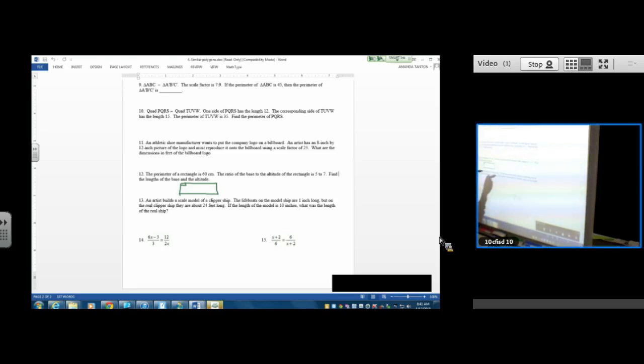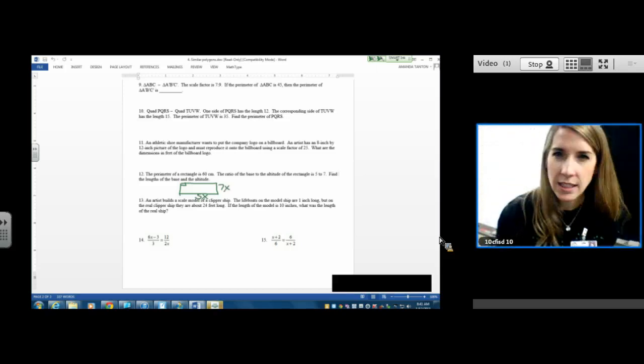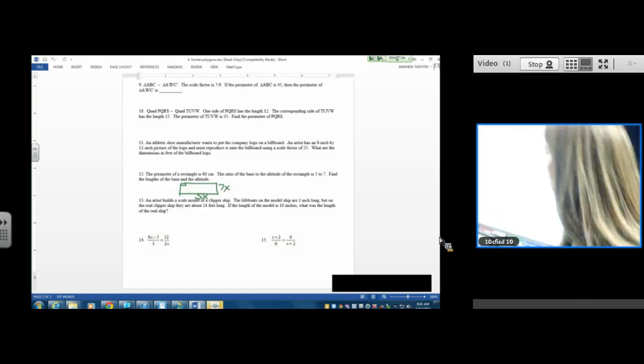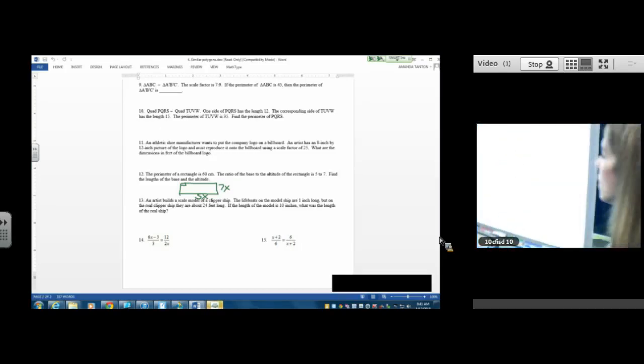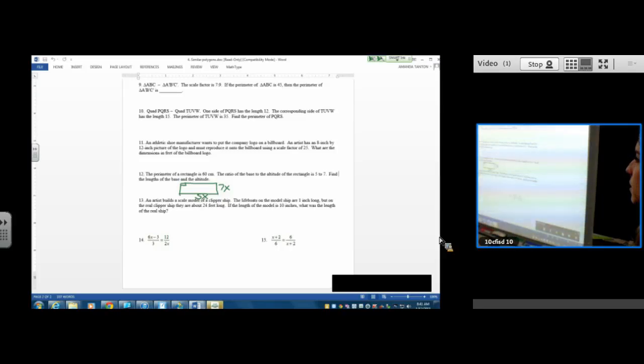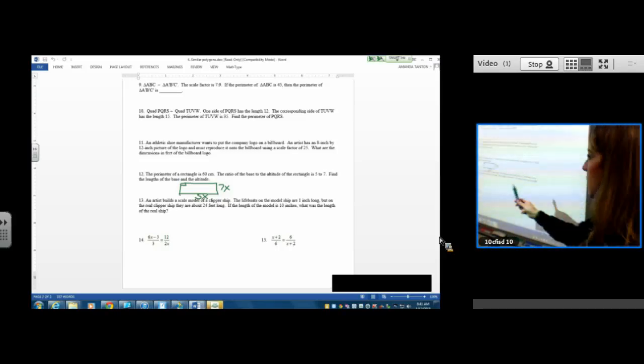The ratio of the base to the altitude is 5 to 7. Altitude is another word for height. So if you were tripped up by which one the altitude is, it's like a base and a height.